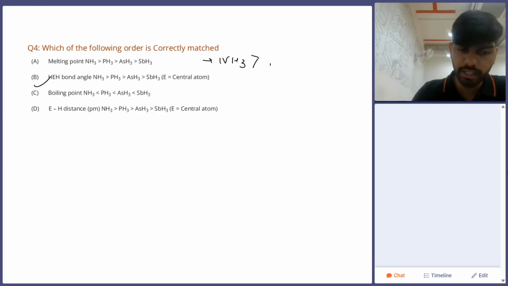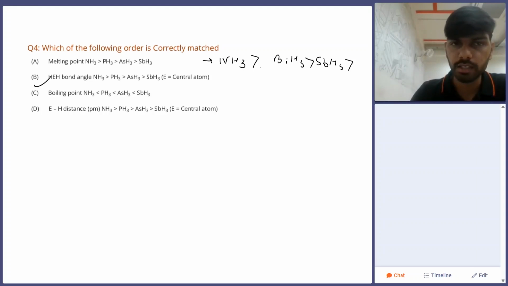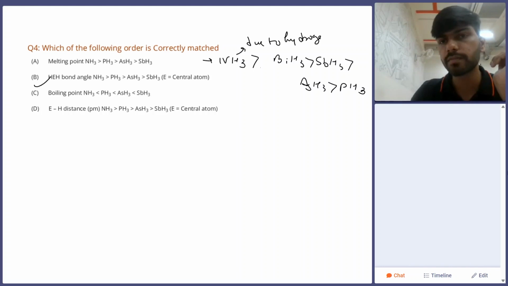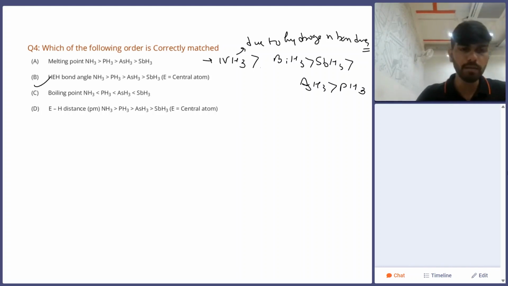Then SbH3. BiH3 is also there, and if you want you can write it before that: BiH3, then SbH3, then AsH3, then PH3. Why is that happening? Due to hydrogen bonding, more hydrogen bonding. Now the boiling point order, if you want to write it, is this one.